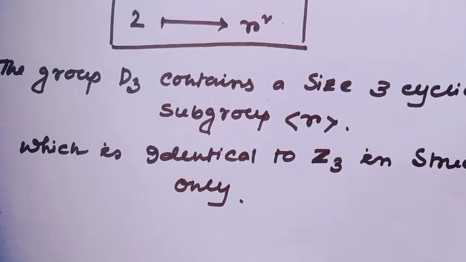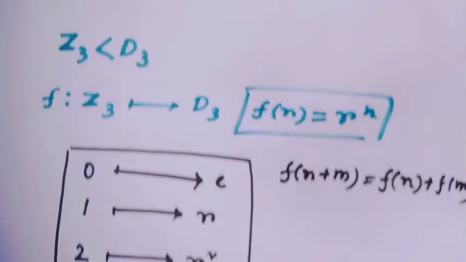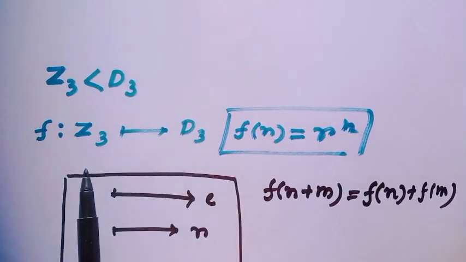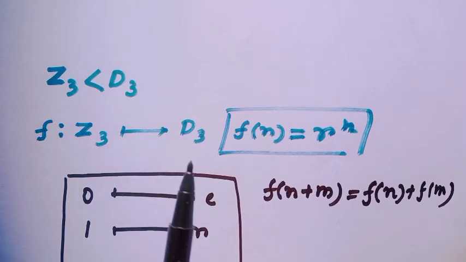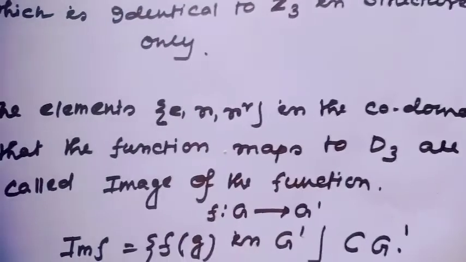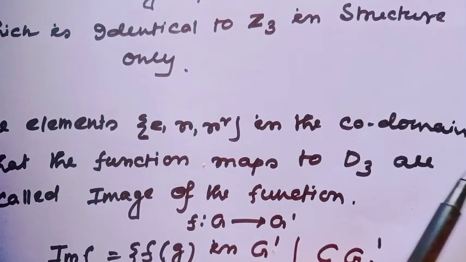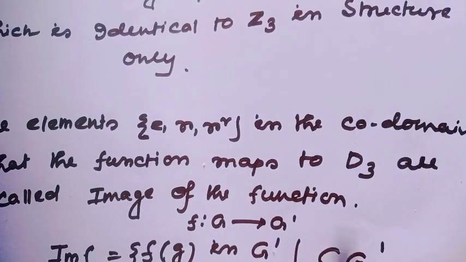Are you getting this homomorphism? Well, here notice Z3 is the domain of the function and D3 is the codomain of the function. And the elements E, R, R square in the codomain D3 that the function maps to are called the image of the function.